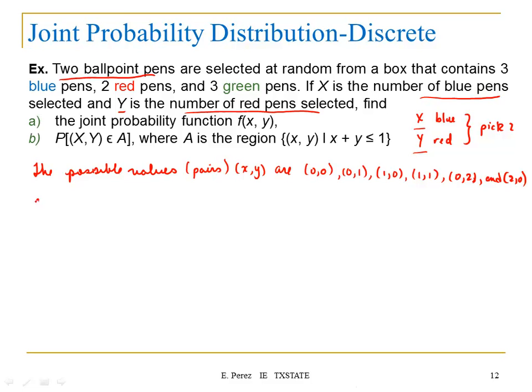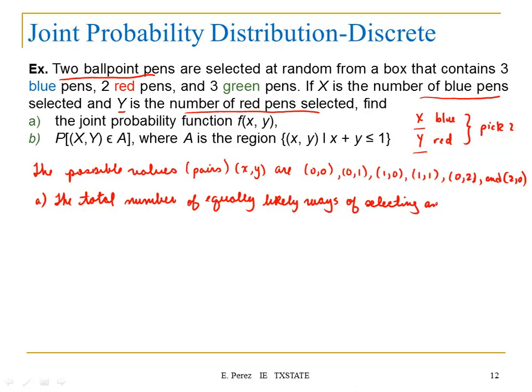So, the total number of equally likely ways of selecting any 2 pens from 8 is... You now have to get the number of possible combinations from selecting 2 out of 8.